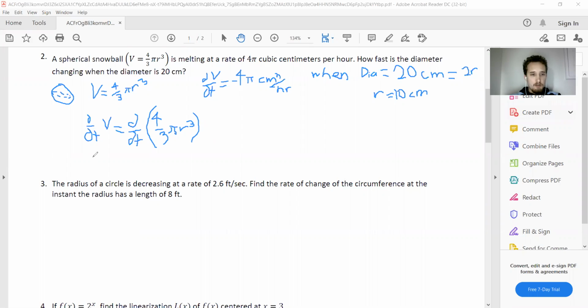Okay, so for volume, this is easy. If you differentiate V, you just get 1, but you have to use chain rule. And so you're left with a dV/dt, because we're differentiating with respect to time, not to volume. 4/3 pi is a constant.